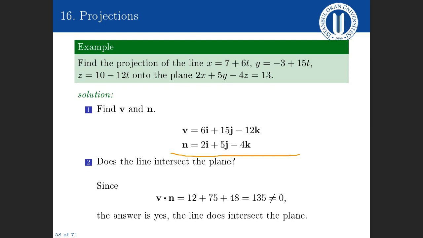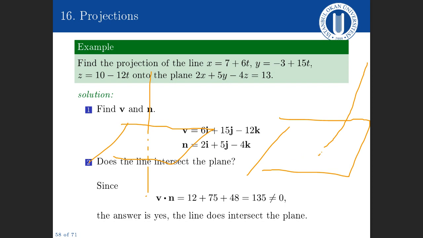That tells us that the line is not parallel to the plane, therefore it does intersect the plane. So we have either that the line is orthogonal to the plane, or the line is not parallel and not orthogonal to the plane. One of these cases must be true.